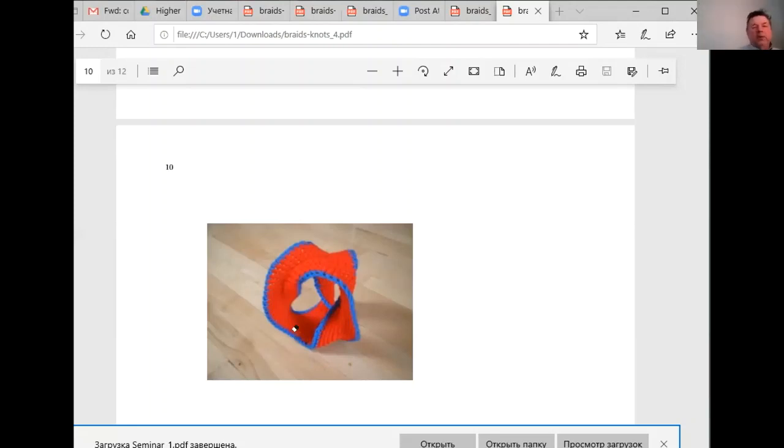Our aim will be to glue, to make in the real sense, a picture which will be embedded.